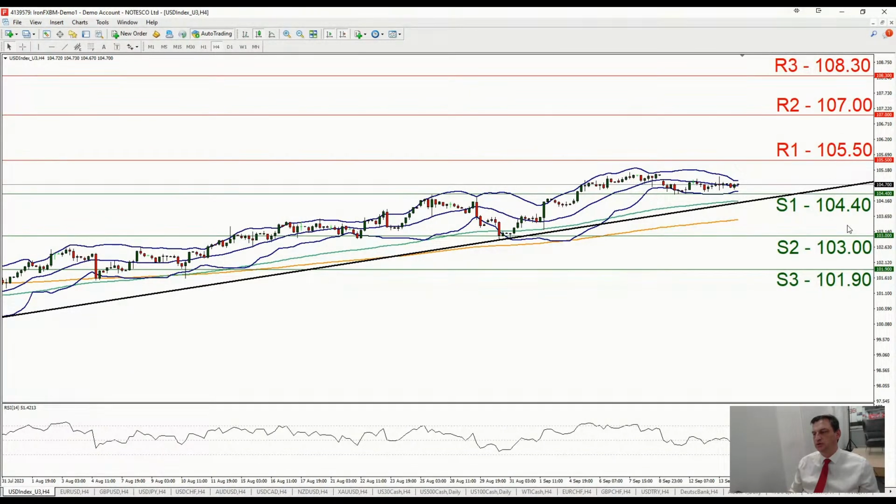On the other hand, we have to highlight that today we're getting the PPI rates and the retail sales growth rate for the US in August. Now, the PPI rates are expected to accelerate, which would be confirming practically the inflationary pressures within the US economy, that they remain rather stubborn.